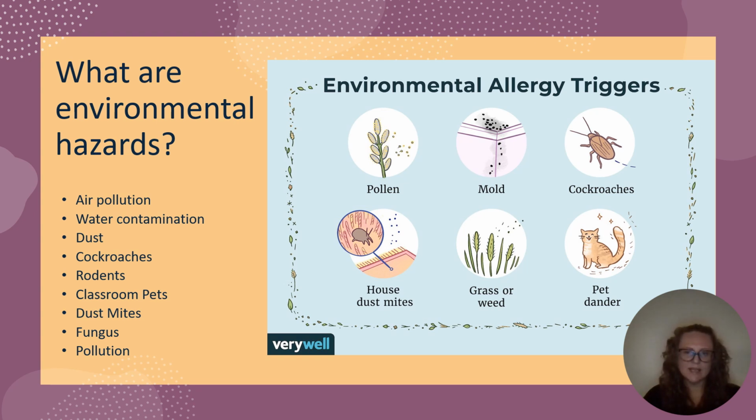Understanding these risks is crucial for implementing preventative measures to protect health and the environment. Some environmental hazards are air pollution, water contamination, dust, cockroaches, rodents, classroom pets, dust mites, fungus, and pollution.